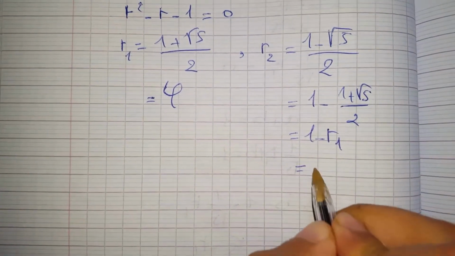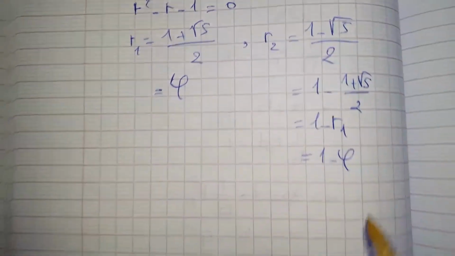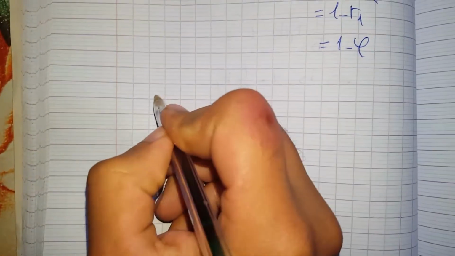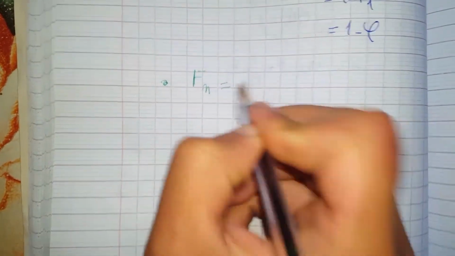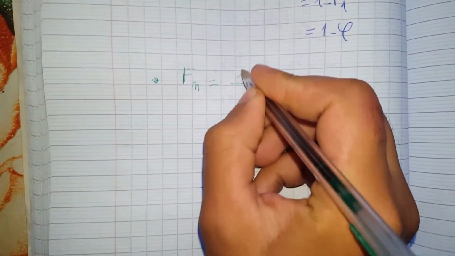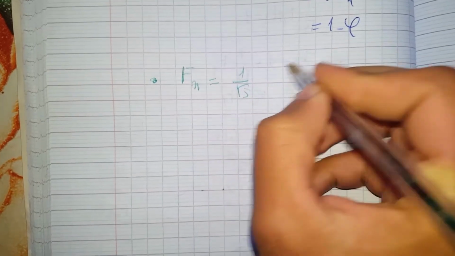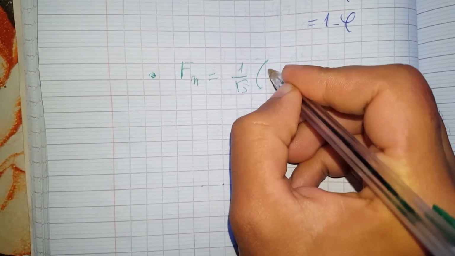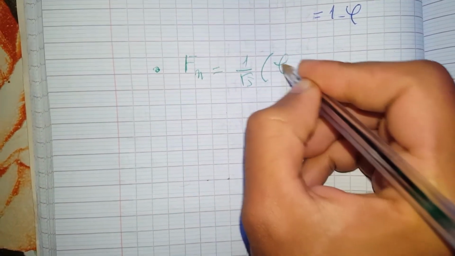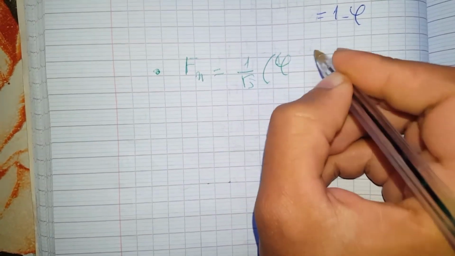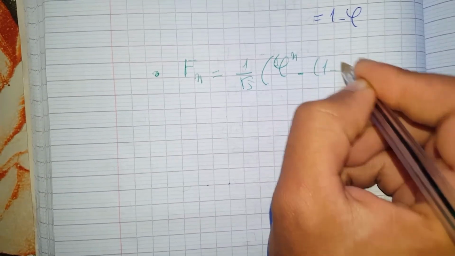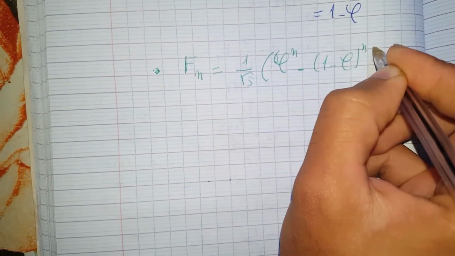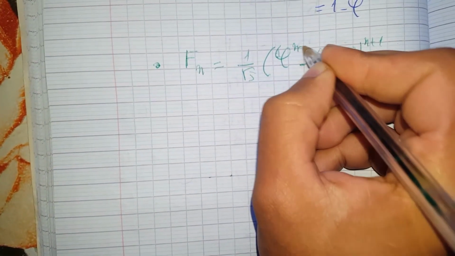So r2 is 1 minus phi. So in a nice way, the nth Fibonacci number is equal to 1 over square root of 5 factor of phi to the n plus 1 minus 1 minus phi to the n plus 1.